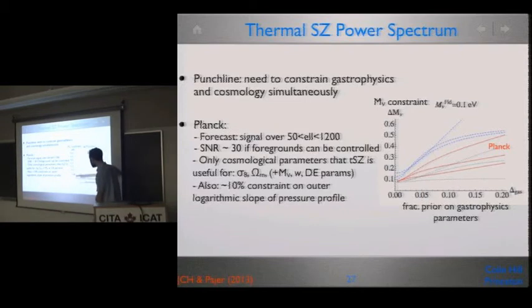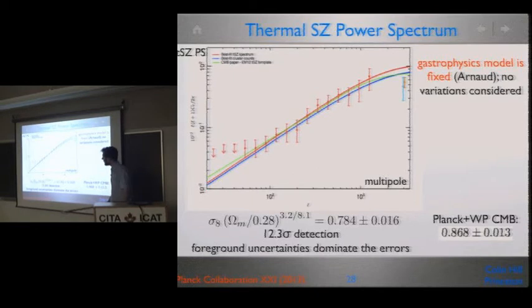So the punchline is that if you could say you know your gastrophysics model quite well, then the forecasted constraint, just from the TSZ power spectrum, is actually fairly competitive with other probes in the range of 0.1 to 0.2 electron volts. So we predicted that Planck would be able to measure the TSZ power spectrum around L of 100 to 1,000. And indeed, a few days later, they put out their paper, and that was what they measured. So we were excited to see this.